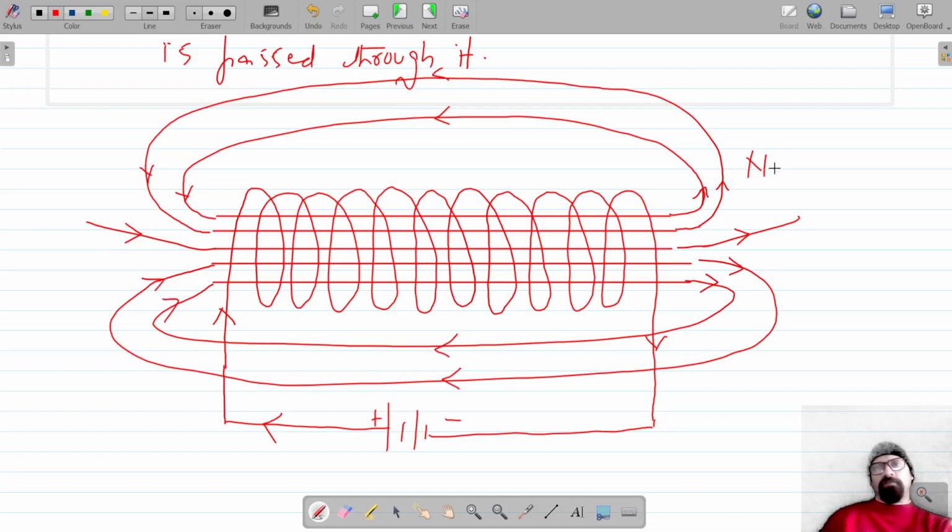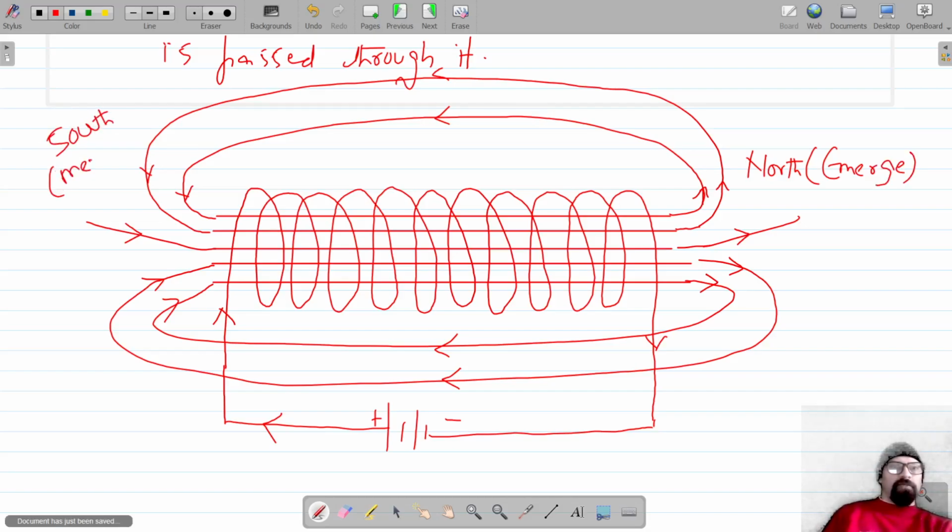So this is north, where the magnetic field lines are emerging, and this is south, where the magnetic field lines merge. So inside, the direction of magnetic field lines is from south to north.